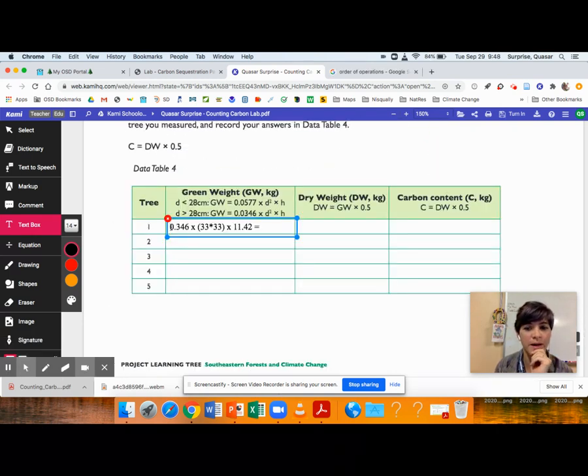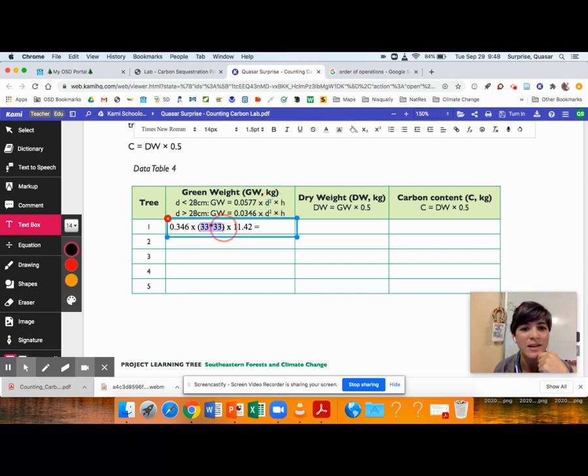So my equation looks like 0.0346, because I'm using the second calculation here, times diameter squared, which is 33 times 33, times 11.42. If I was putting this in a calculator, think about your order of operations, which I had to look up, which is please excuse my dear Aunt Sally. So please excuse, parentheses, exponent, and we got an exponent, d squared, so you got to do that first. And then it doesn't matter what order I multiply the rest in.